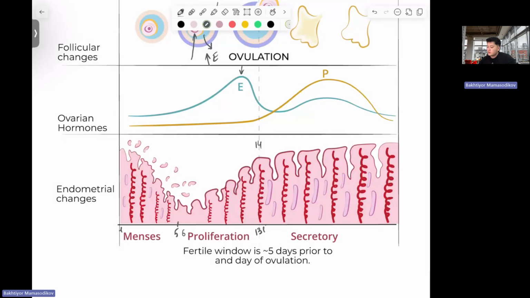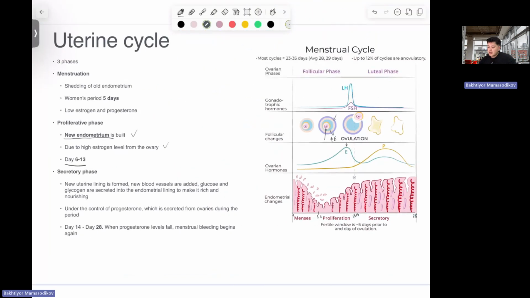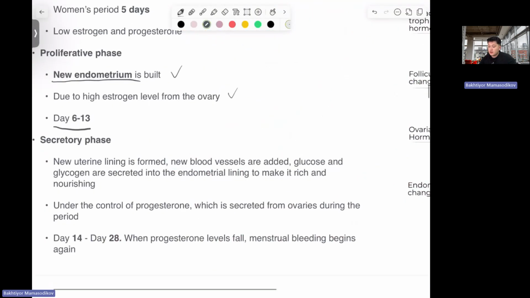From the 14th day until the 28th day of the uterine cycle, there will be a lot of changes. The uterine lining is formed, new blood vessels will be added, and glucose and glycogen are secreted into the endometrial lining to make it rich and nourishing.